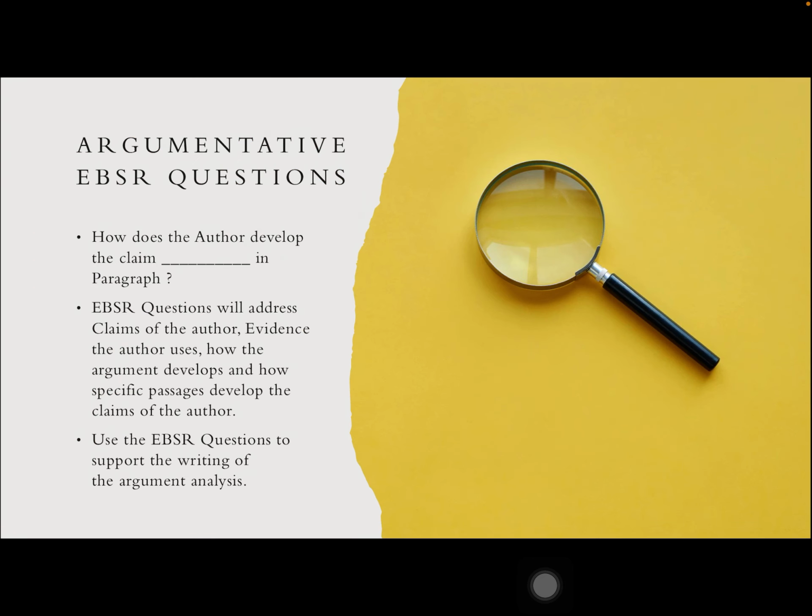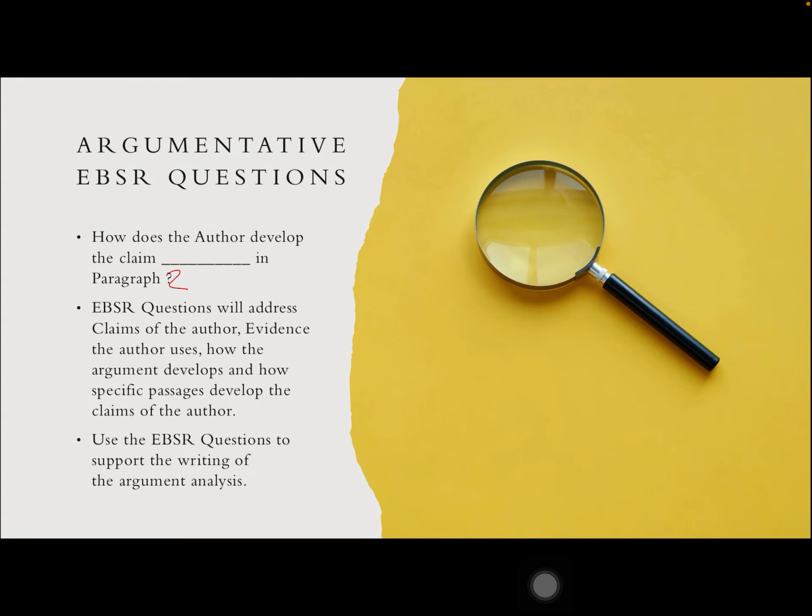So let's move on. If we're looking at the actual structure of the exam, just like we would with our literary analysis, just like we would with any EBSR questions, we want to use them for the writing task. You're going to have questions that say, how does the author develop the claim in paragraph blank?